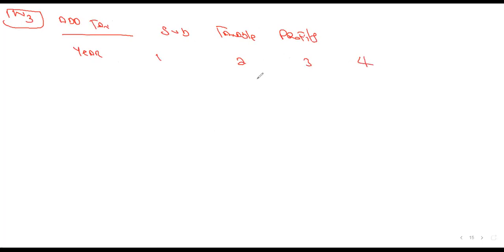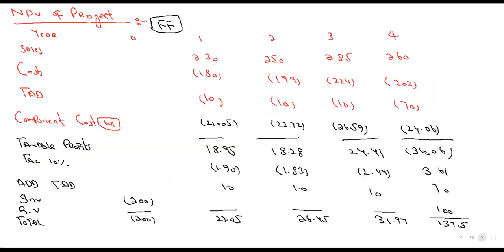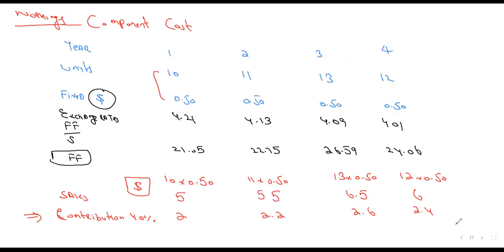The subsidiary taxable profits have been given to you, we have already computed them: 18.95, 18.28, 24, and 36.06. Just write them.